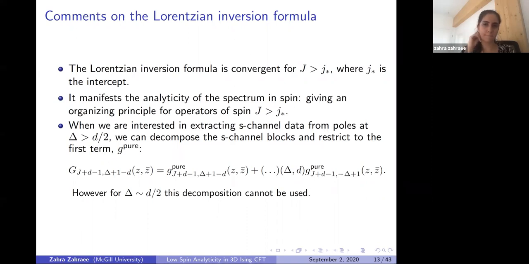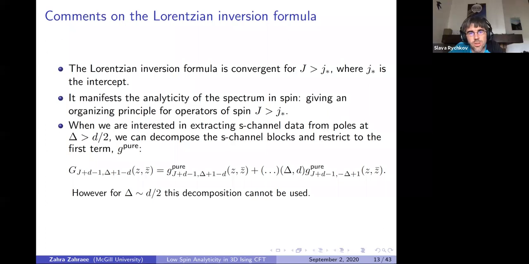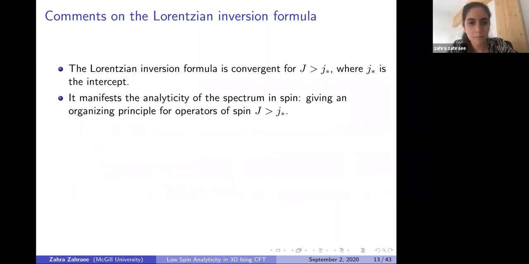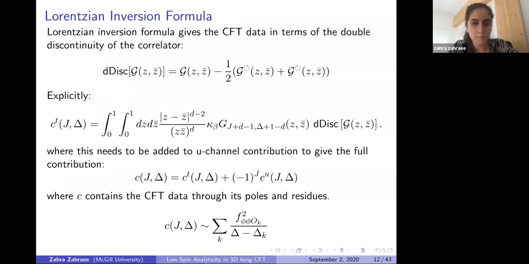Mm-hmm. But when you say it works, for example, has it been rigorously shown that all trajectories are poles, or maybe there can be some cuts? What is known about that? So yeah.